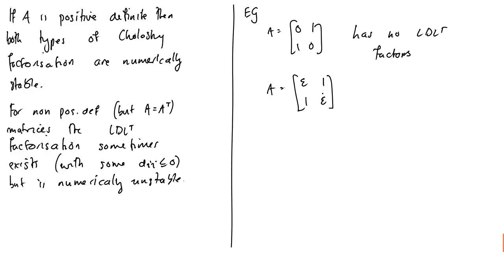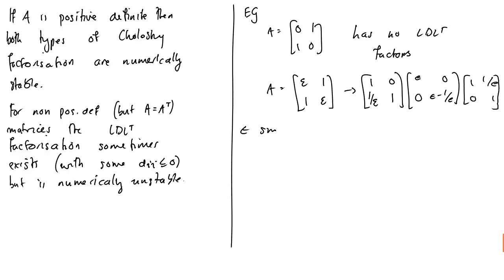I'll give you another one. I've got a matrix with small main diagonal entries and one on the off diagonal. If you work out your factorization there, you get [1, 0; 1/epsilon, 1] times [epsilon, 0; 0, epsilon minus 1/epsilon] times [1, 1/epsilon; 0, 1]. You can check this for yourself.